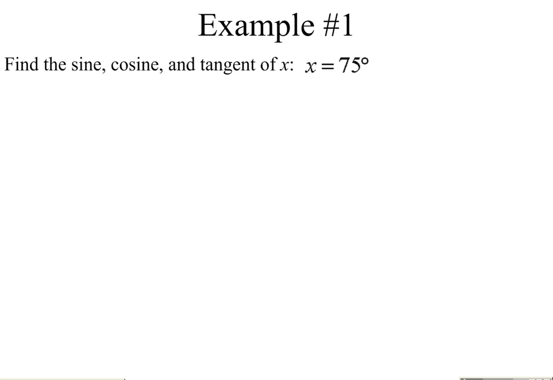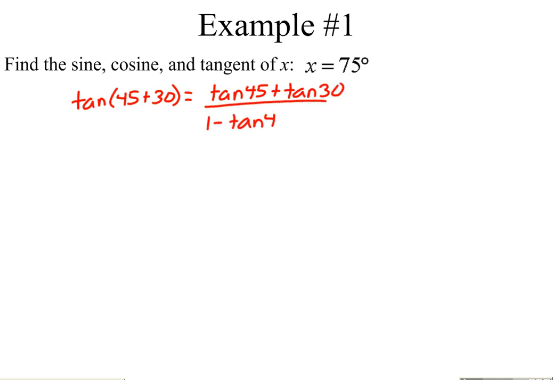Finally, the tangent of 75, set up the same way. Tangent of A plus B, or tangent of 45 plus 30, is equal to, apply your sum identity, tangent of 45 plus tangent of 30 over 1 minus tangent of 45 times the tangent of 30.